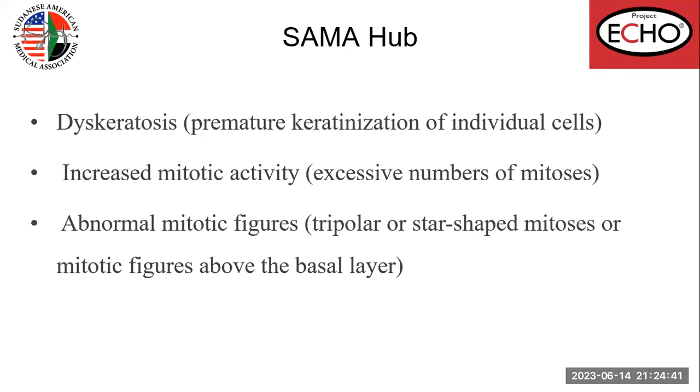Sometimes you will see star-shaped mitosis giving 4 cells out of 1 cell, or mitotic figures above the basal layer, which is very abnormal for the epithelium because the area that is specified for mitosis is the basal cell layer and only 1 or 2 layers above that. But in the case of dysplasia, you can see the mitotic figures up high in the epithelial layers.